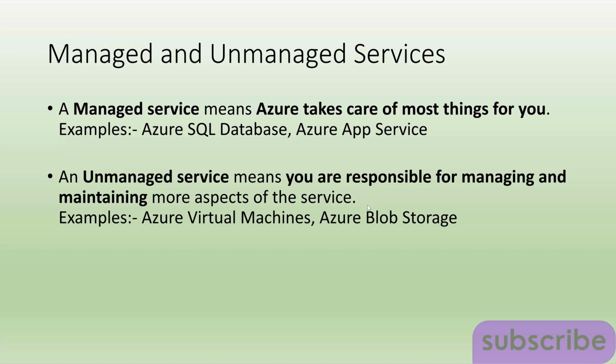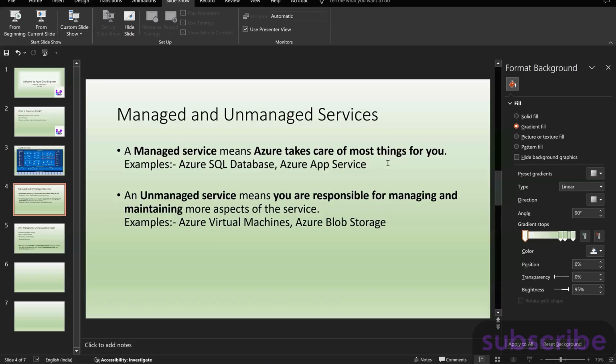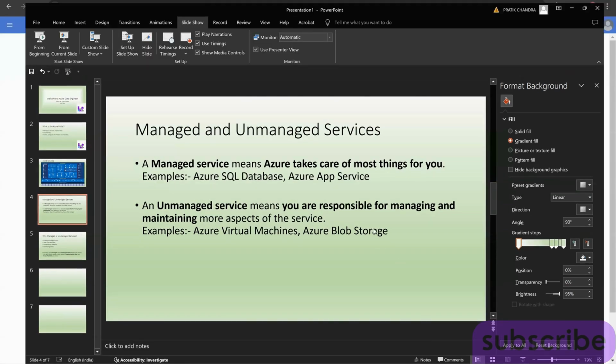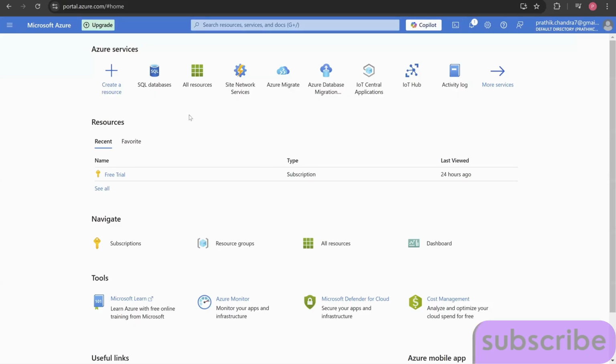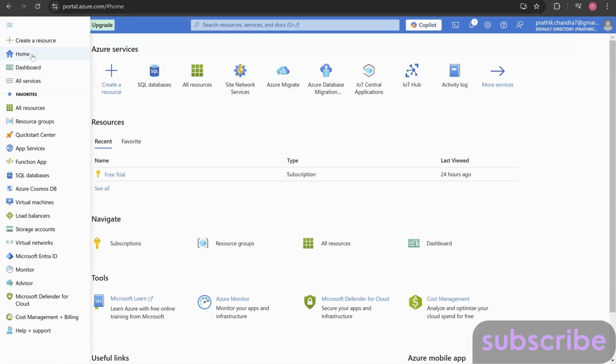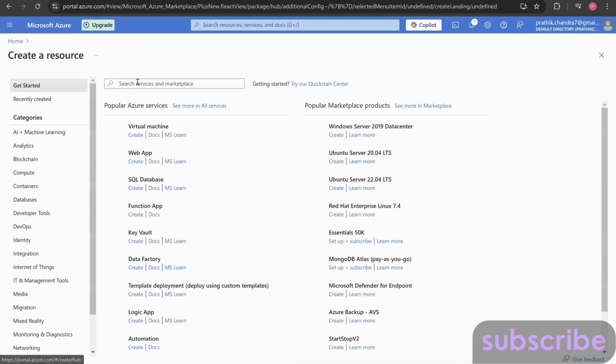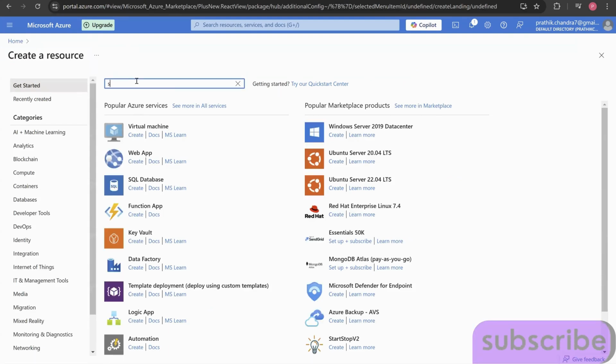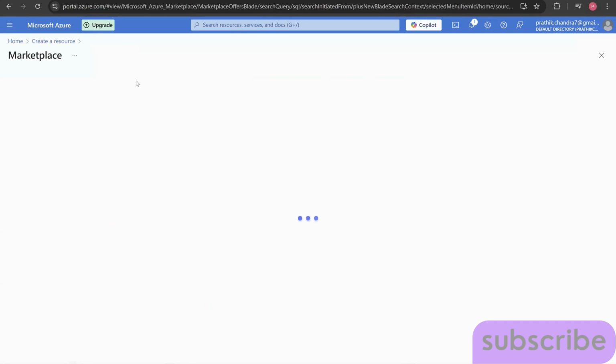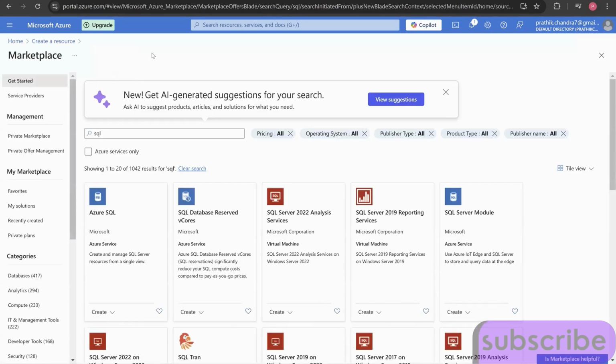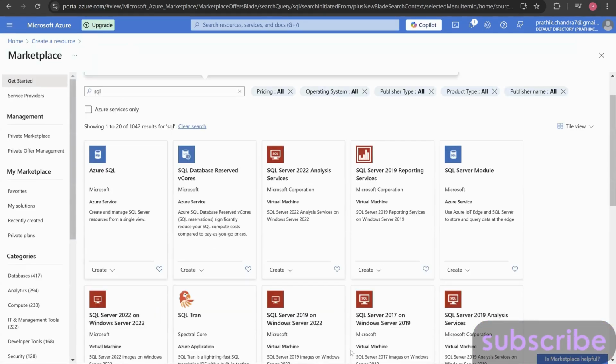So we will dive into an example. I'll come to this Azure portal and give you an example. Over here, if I search SQL, you can see there is Azure SQL.